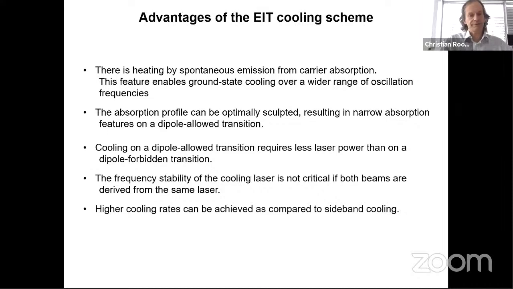You can have control over the absorption profile, and it is possible now to carry out ground state cooling on a dipole allowed transition as compared to, for example, a dipole forbidden transition or a 2-photon transition, where you usually need much more laser power for carrying out the laser cooling process.